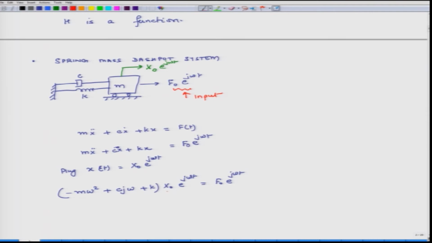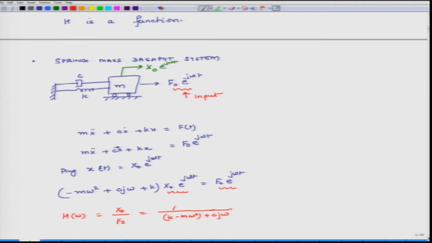So, this is my response, this is my excitation. If I take one over the other, then I get the transfer function equal to x naught over f naught. The e^{j omega t} gets cancelled from both sides, and this is 1 over (k minus m omega square plus c j omega).